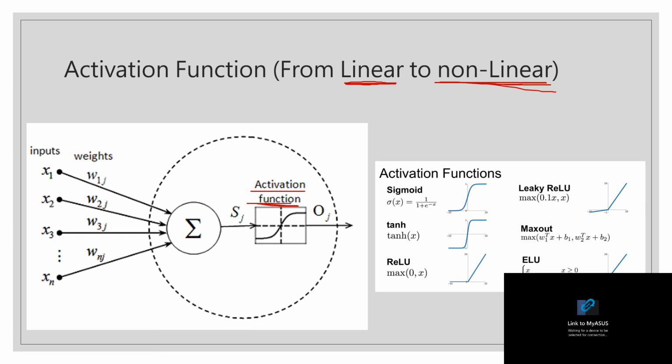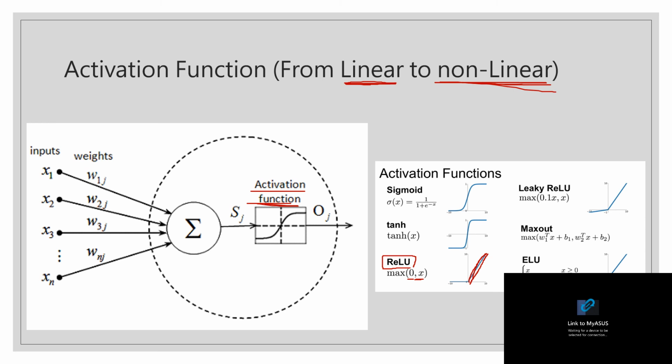We have the sigmoid, we have the tanh, we have the ReLU, maximum of 0 or x. If the summation of all the w and x passes the 0 value, we return x to the output.